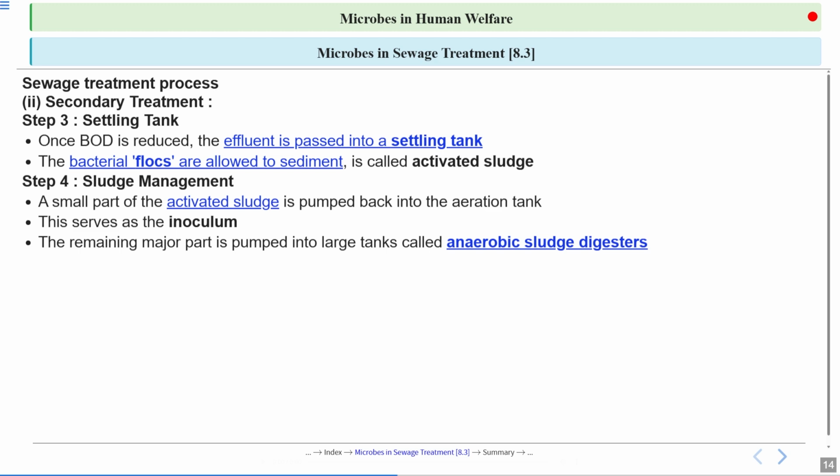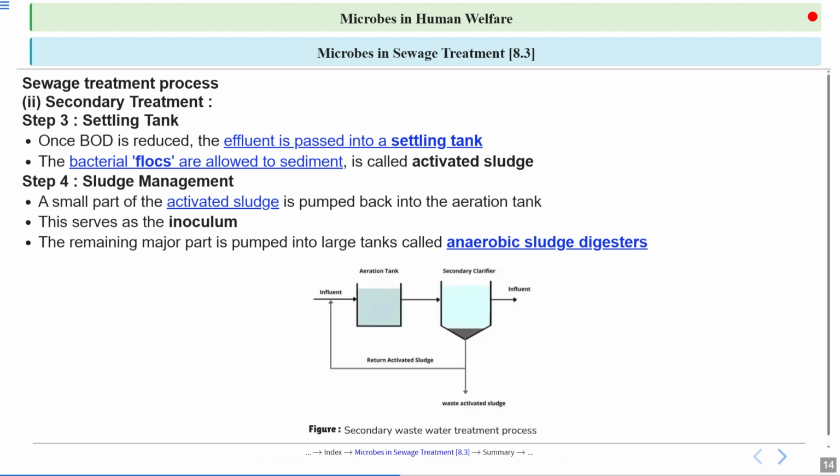Here the bacteria which do not require oxygen, meaning anaerobic bacteria, break down the organic matter further, which helps reduce the volume of organic matter. And in this process, biogas is produced, because biogas is produced by anaerobic bacteria. So the remaining activated sludge is pumped into anaerobic sludge digesters, where anaerobic bacteria will further digest the organic matter.